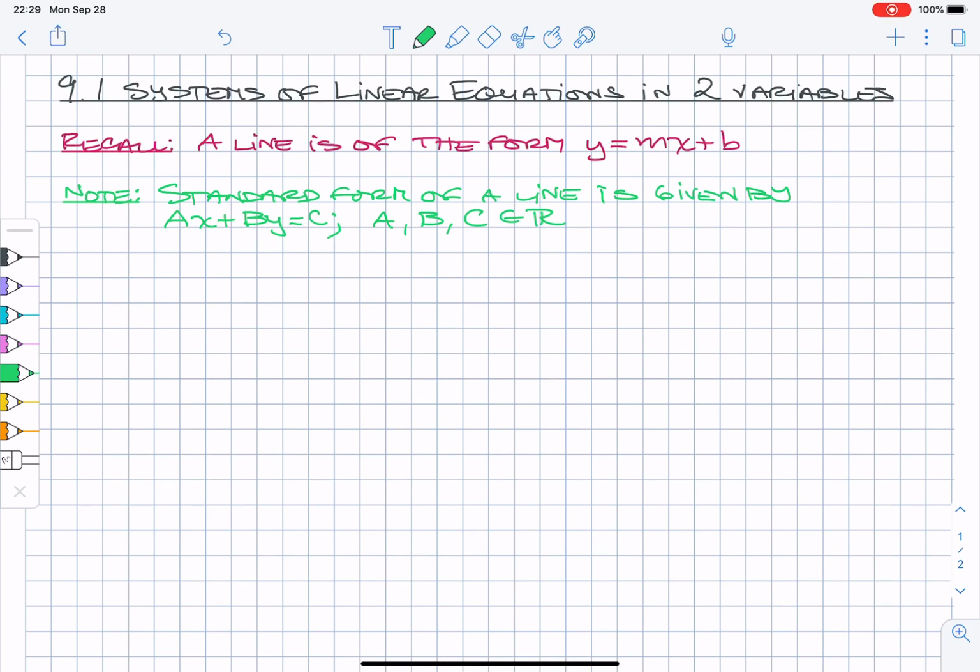And also note that the exponent on x and the exponent on y are 1. Hence, these are lines, linear equations.